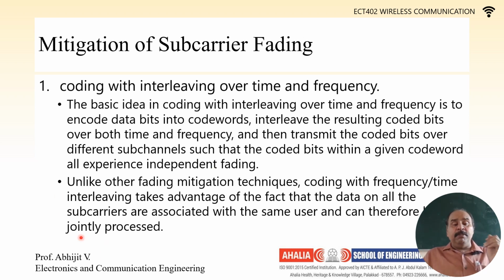Unlike other fading mitigation techniques, coding with frequency or time interleaving takes advantage of the fact that the data on all subcarriers are associated with the same user and can therefore be jointly processed.